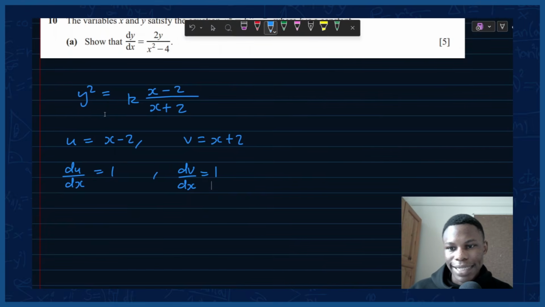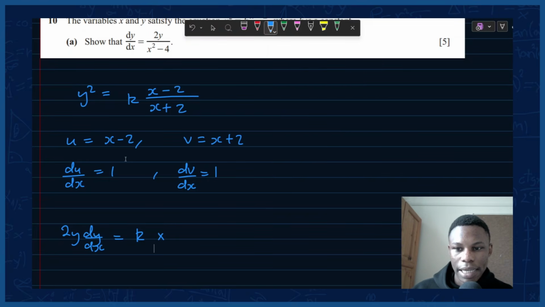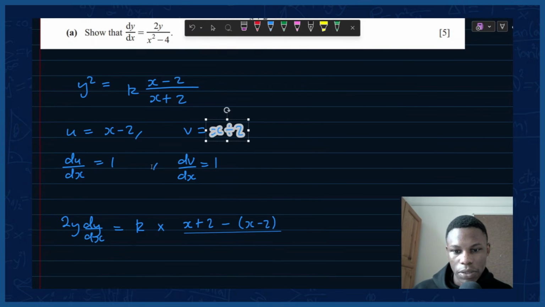Okay. So we said if you differentiate on the left, you're going to get 2y dy/dx. And we said we're going to have the k multiplying everything. So I've got k times, and then the quotient rule says it's going to be v times du/dx, which is (x plus 2), minus u times dv/dx, so minus (x minus 2), in brackets, divided by v squared, which is (x plus 2) squared.